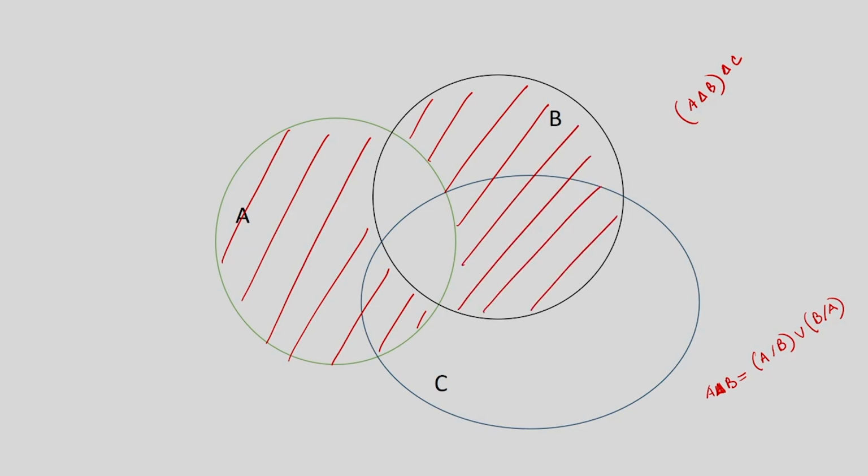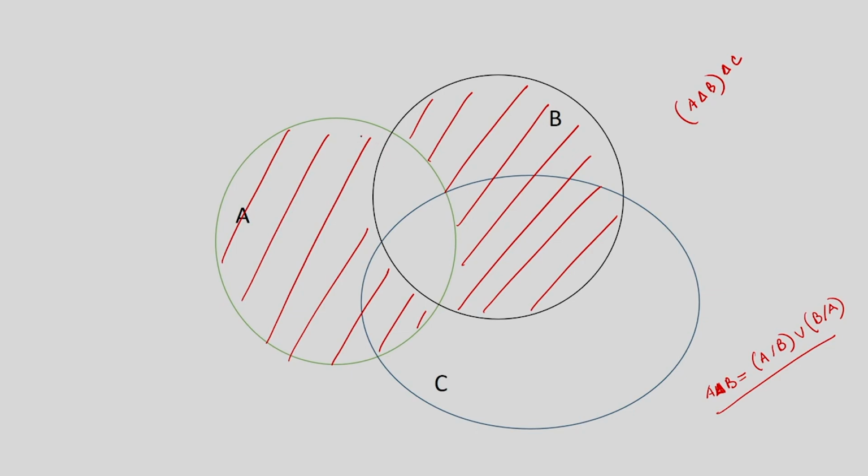Now, delta C. Now, how do I understand A delta B delta C? This shaded region, with that I have to do the delta C. So, if I use the definition here, it will be this red shaded region minus C. So, if I take out the elements which are there in C from this red region, then what am I left with?